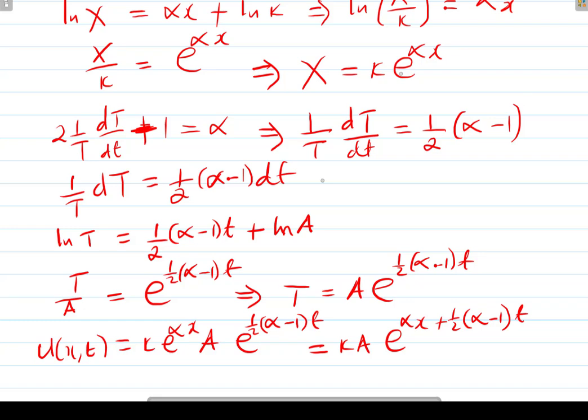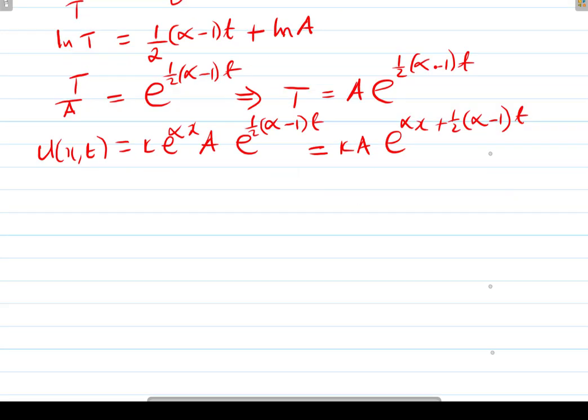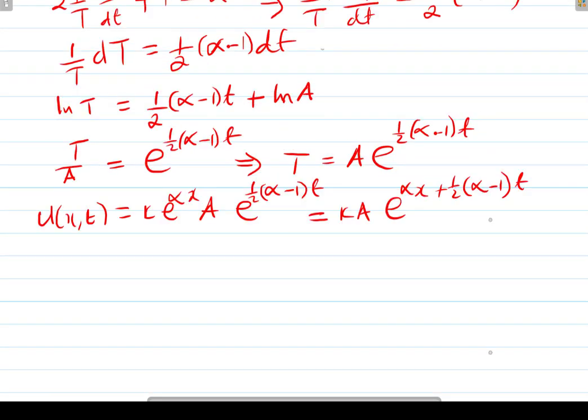And then after finding that one, we now need to apply the condition. The condition that we are given is that u of x when t is 0 is equal to 6 e to the negative 3x.